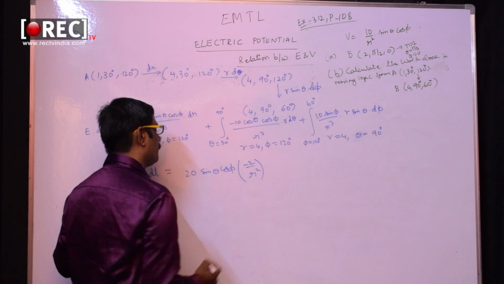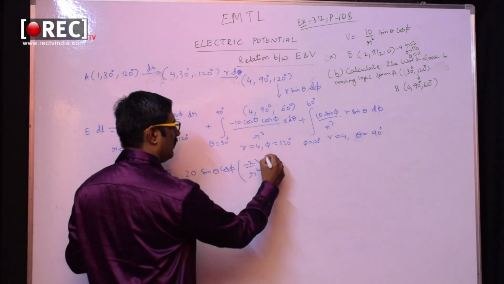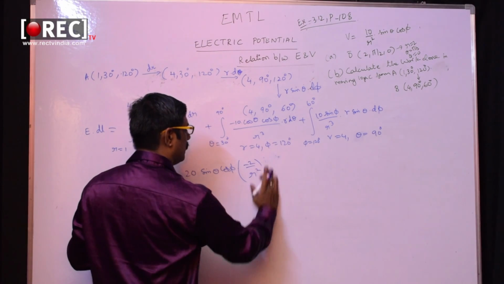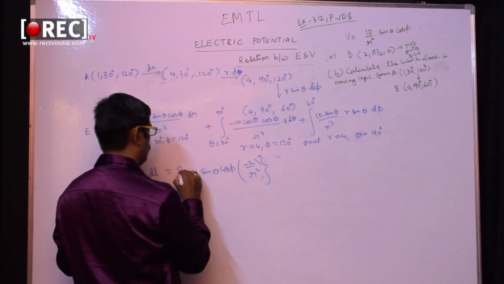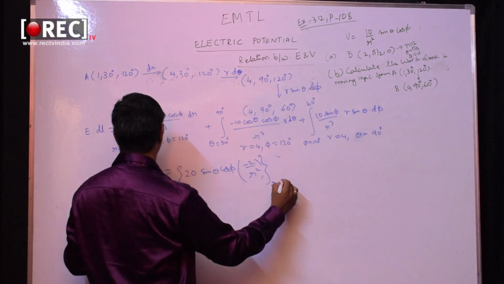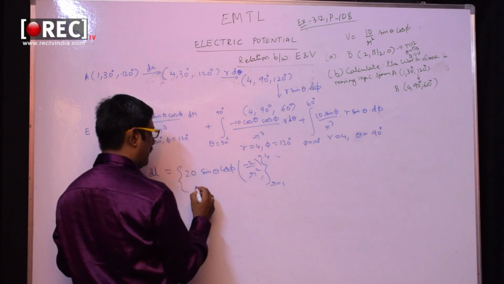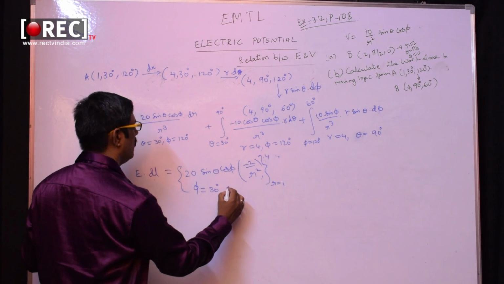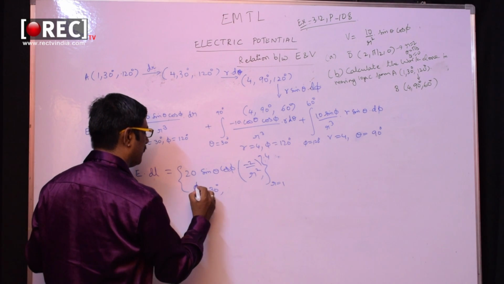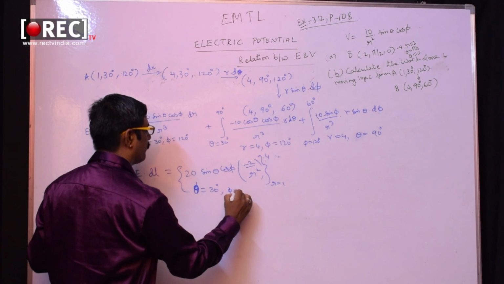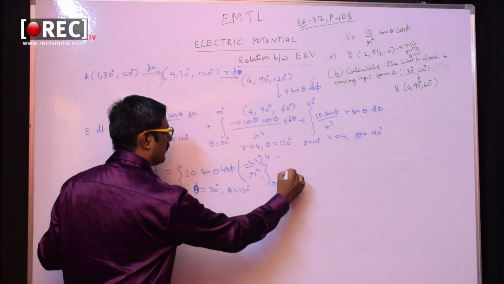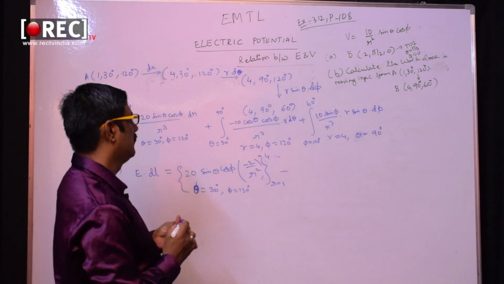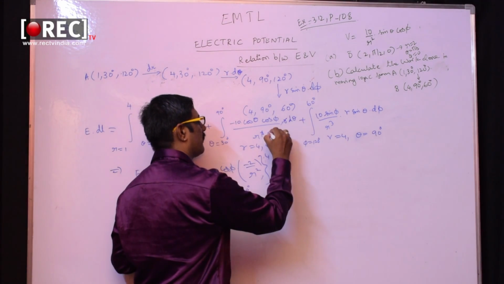Here r varies from 1 to 4, theta is 30 degrees and phi is 120 degrees. Next, one r gets cancelled here, so you have r square.